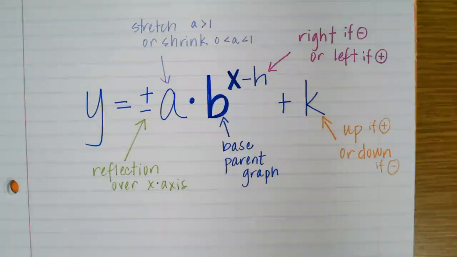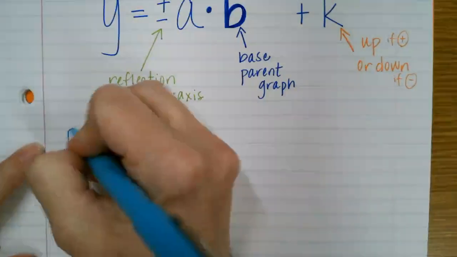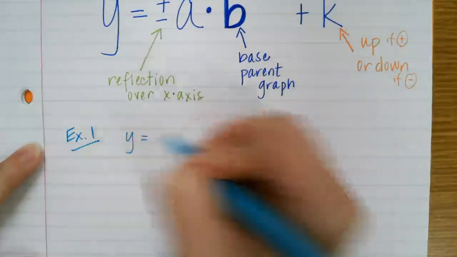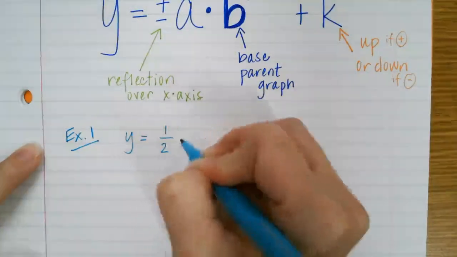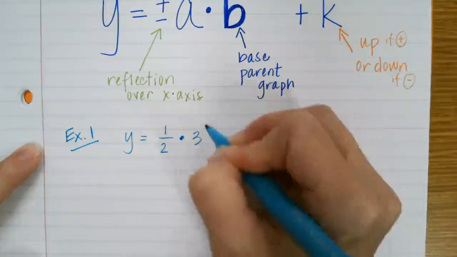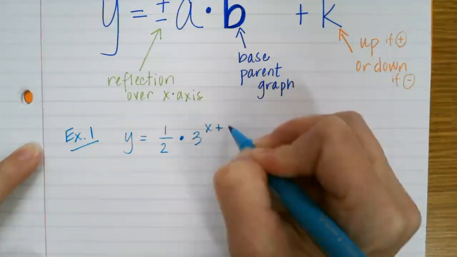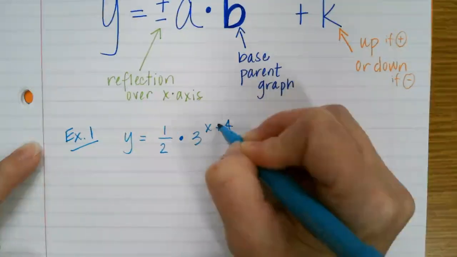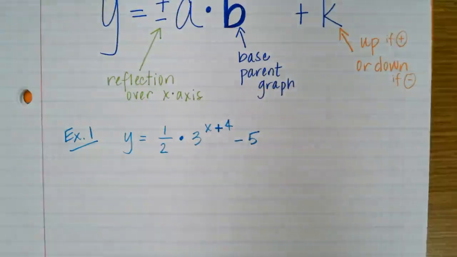So just for an example, we'll do right under here, example 1. Let's say I gave you this times 3 to the x plus 4 minus 5. All right, so let's say we had this equation right here. Well, first off, we're just going to describe the transformations that are happening.